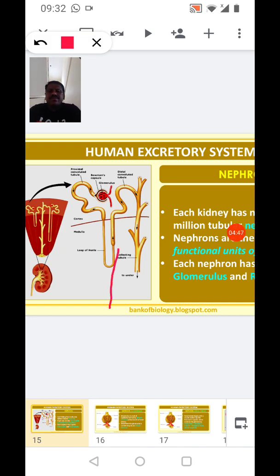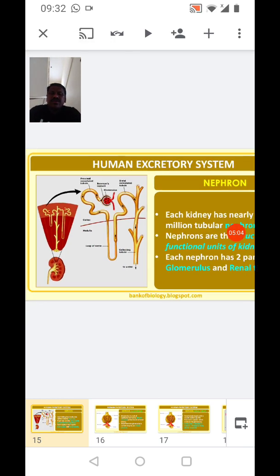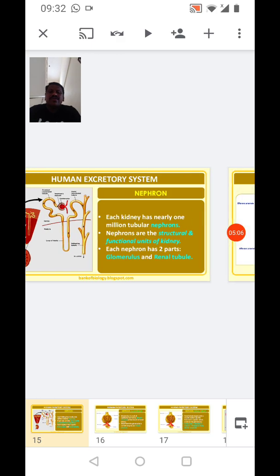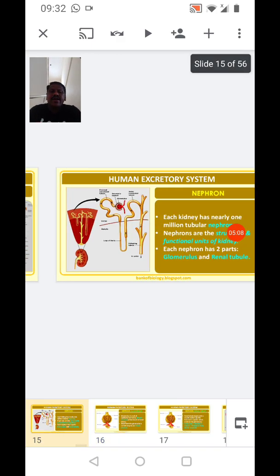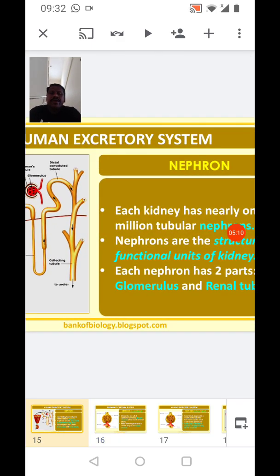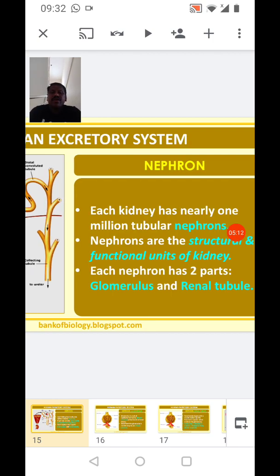Remember here, this portion of the nephron is renal capsule or Bowman's capsule, and the remaining coiled portion is called renal tubule. Okay, so each nephron has two parts, though the slide mentions glomerulus and renal tubule, not renal capsule or Malpighian capsule.